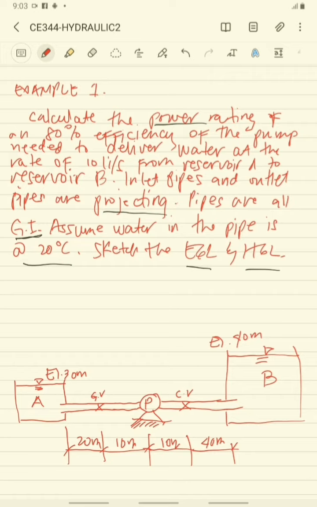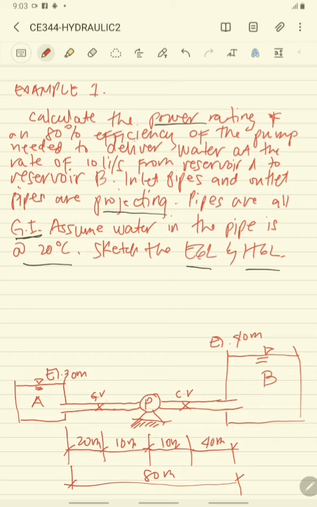We're just assuming the length of the pipe. So we have 20, 20, 40, so 80 meters in total.